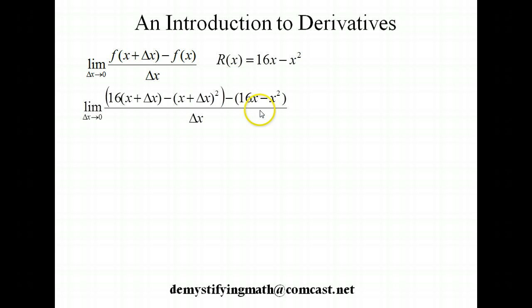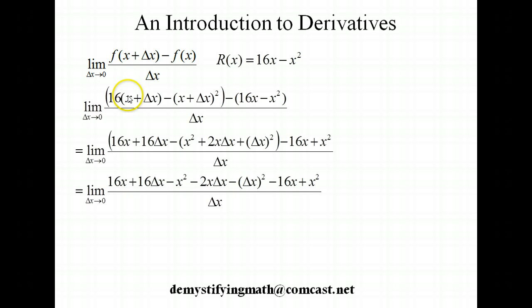Now we have to expand everything out. So what I did was I distributed this 16 here and here. And then this is a binomial, so any binomials have to be FOILed out. So I FOILed that out. And then over here I just distributed the negative. And now I'm going to distribute this negative to these 3 terms and then simplify it a little bit further.